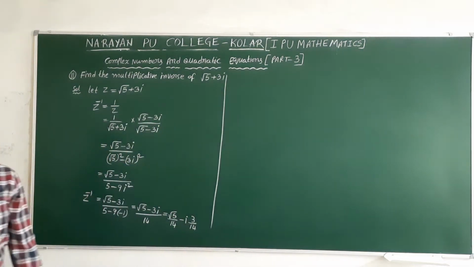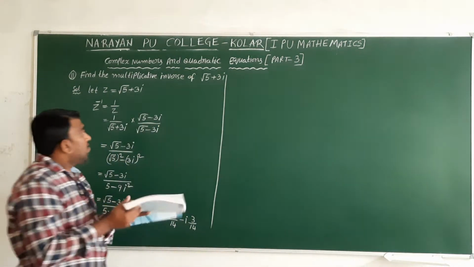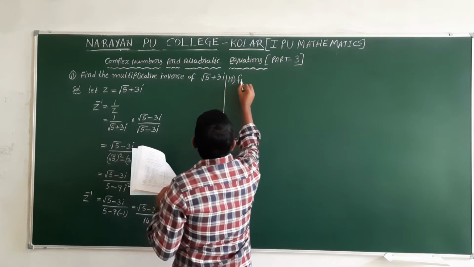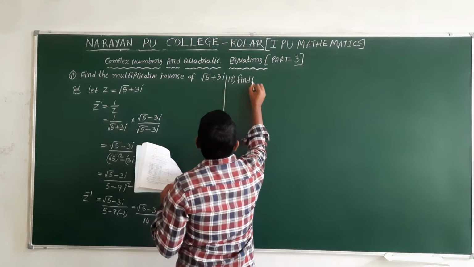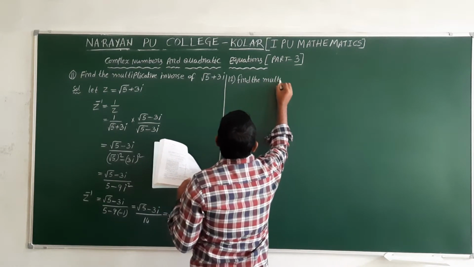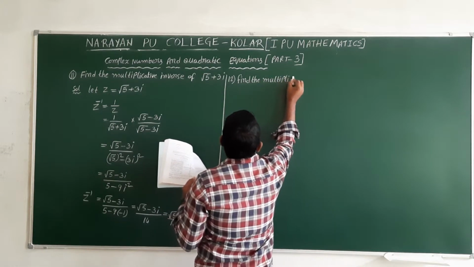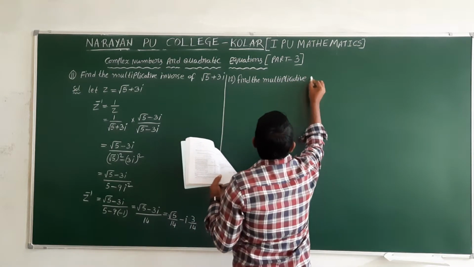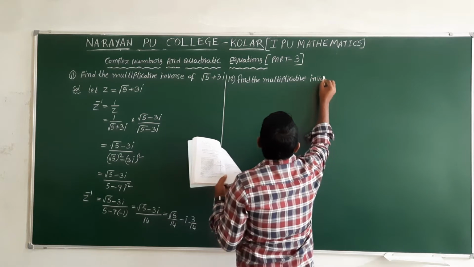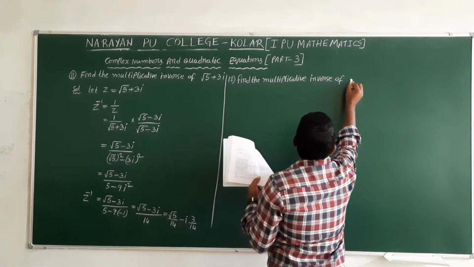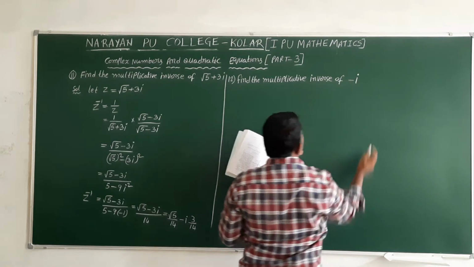So next problem, the 12th one. Find the multiplicative inverse of minus i.